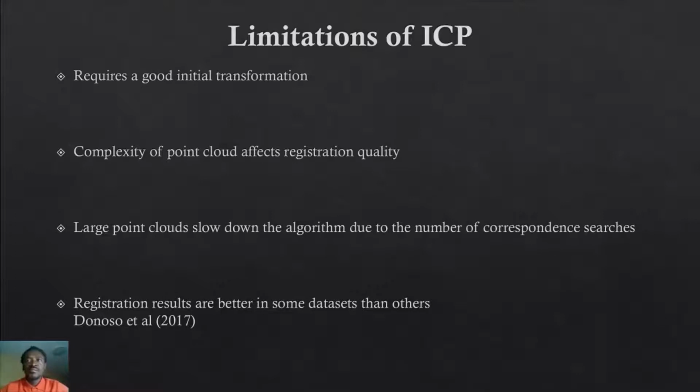The research compared 73,728 ICP variants and found none to be accurate, precise, and fast at the same time for map terrain data. This is because specific geometric information which would have benefited registration with this dataset from terrain maps is not used in the matching process. But also, for each domain-specific dataset, there should be a careful selection of techniques and strategies for each stage of the ICP process.